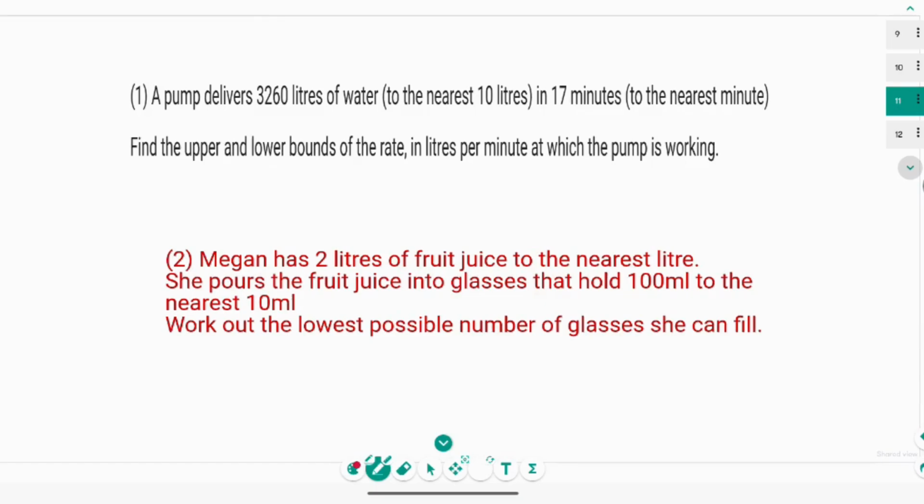Upper bound is 3,265. Lower bound, 3,255. Upper bound, 17.5. Lower bound, 16.5.